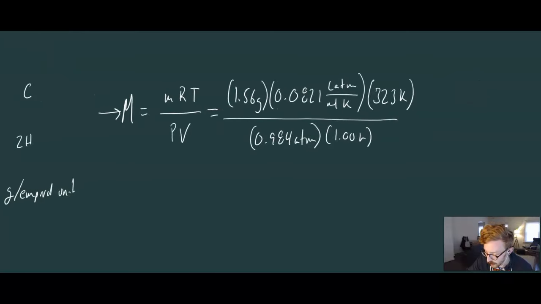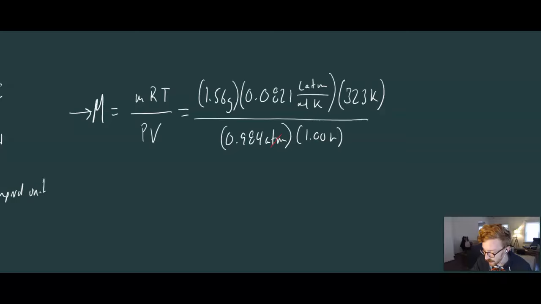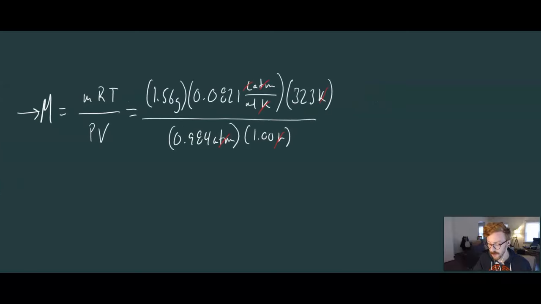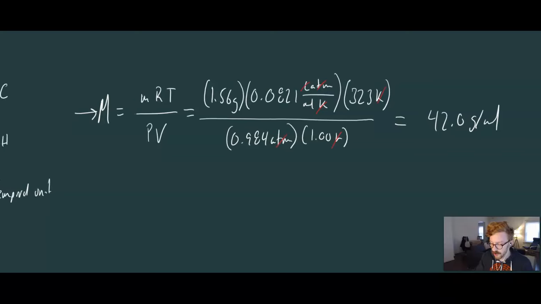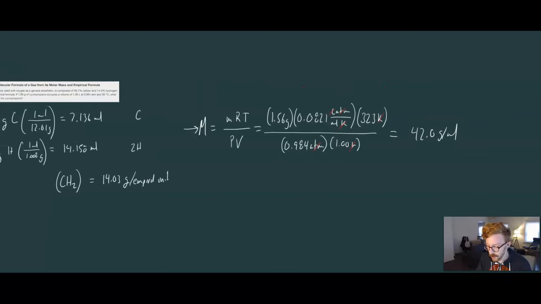You'll notice here that the atmospheres cancel out, the volume in liters cancels out, the temperature in Kelvin cancels out, but grams and moles are left, and specifically it's grams per mole. That's good because that's the unit of molar mass, and we calculate 42.0 grams per mole. So clearly that is larger than the empirical mass unit.